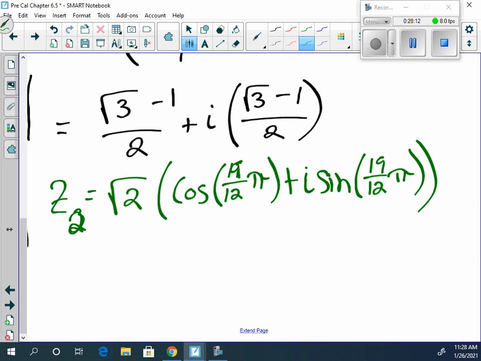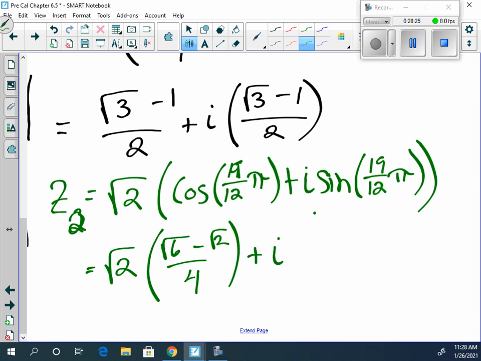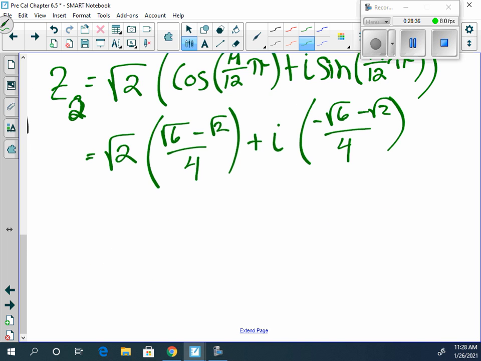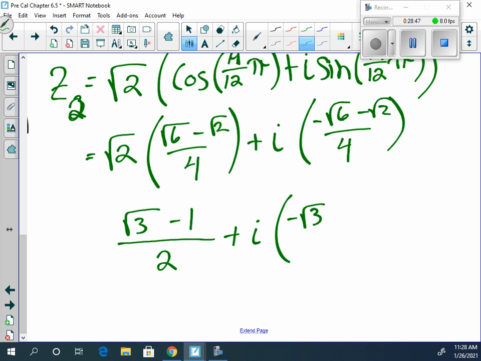Cosine of 19 pi over 12 would give us the square root of 2 times the square root of 6 minus the square root of 2 over 4, plus I sine, negative square root of 6 minus the square root of 2 over 4, which, kind of like the last one, we'll get square root of 3 minus 1 over 2 plus I times negative square root of 3 minus 1 over 2.